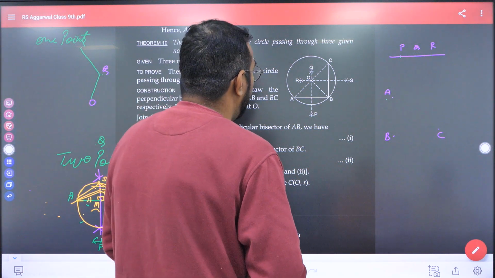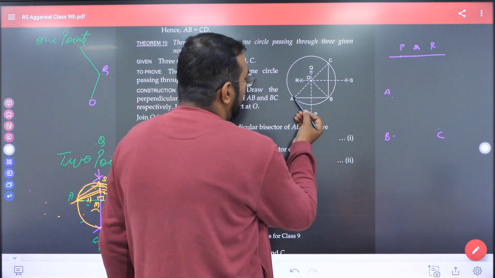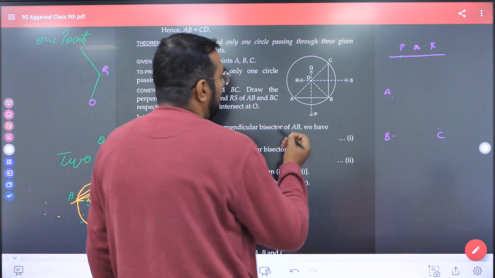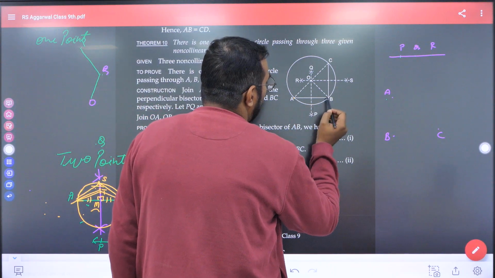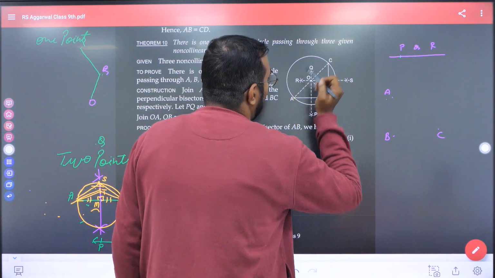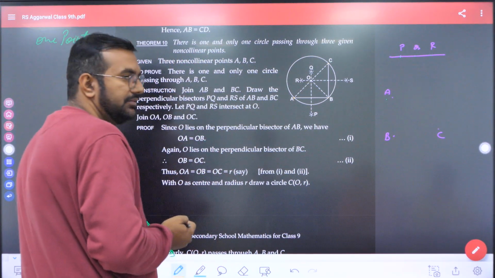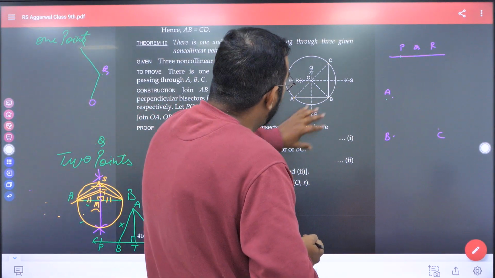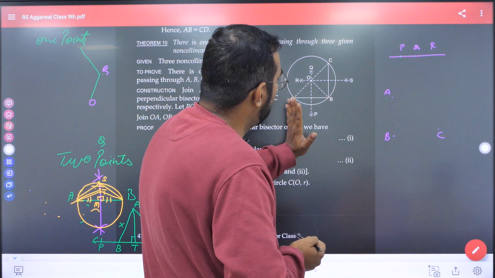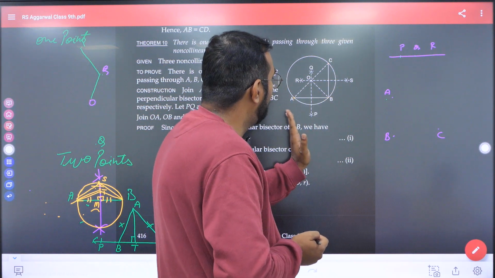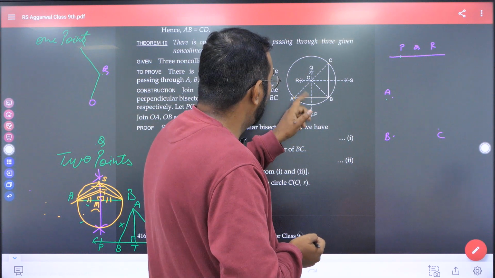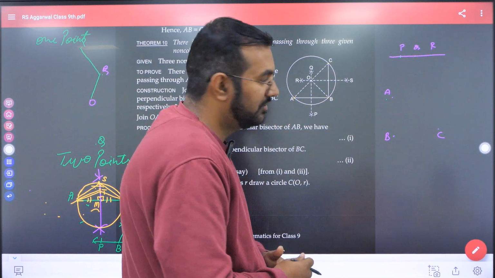Suppose we have A, B, and C. These are 3 non-collinear points. We have to prove that only 1 circle can pass through these 3 points, which means only 1 point is there from which A, B, and C are equidistant.